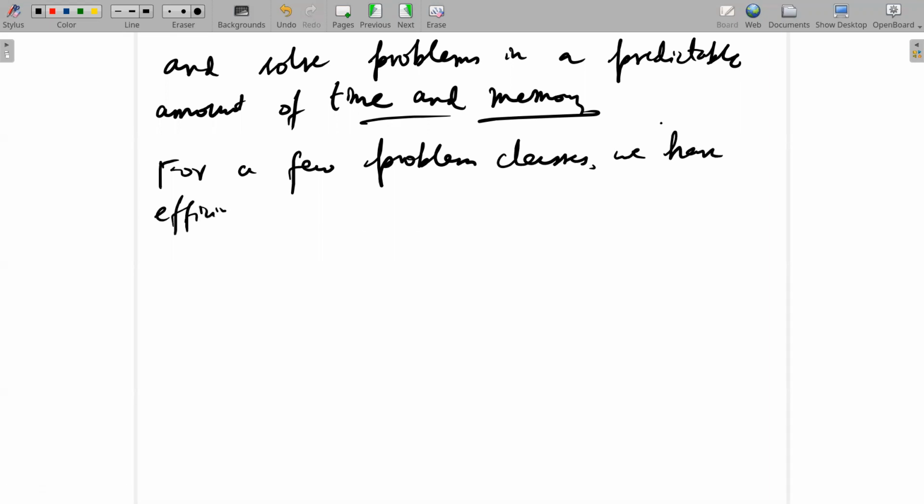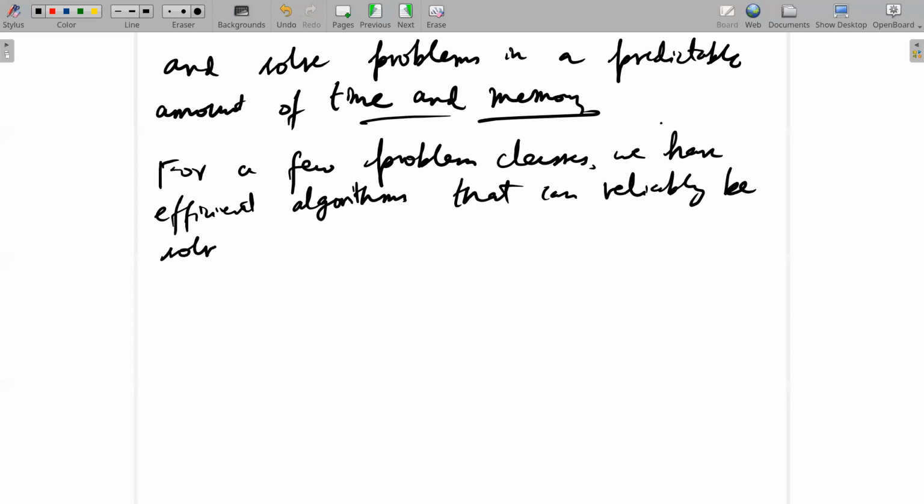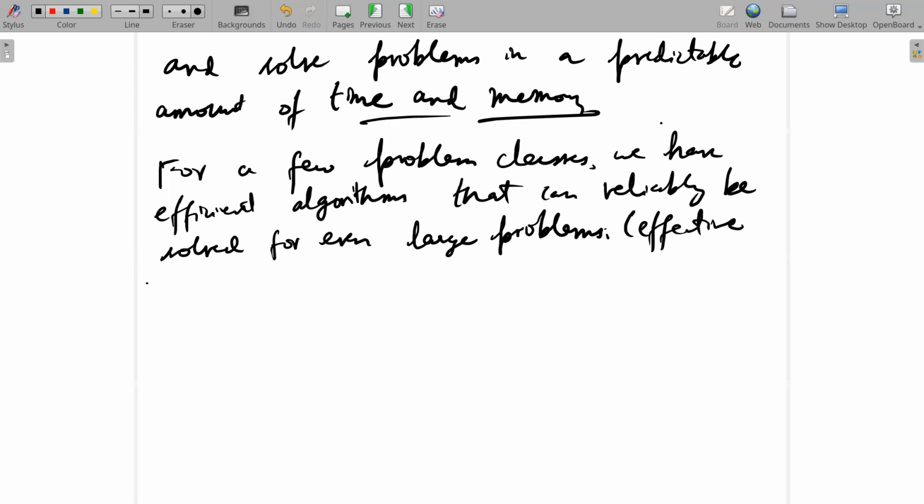Large meaning a large number of input parameters, decision variables, and so on, or number of constraints. And here I'll add a parenthetical remark: I want to remind you, these are effective methods.